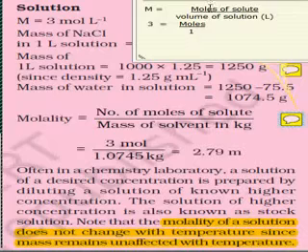So we can substitute the value of moles as 3 moles upon the mass of solvent in kg, which is 1074.5 gram, which is equal to 1.0745 kg. It is converted into kg, which is equal to 2.79 molal, small m for the unit of molality.